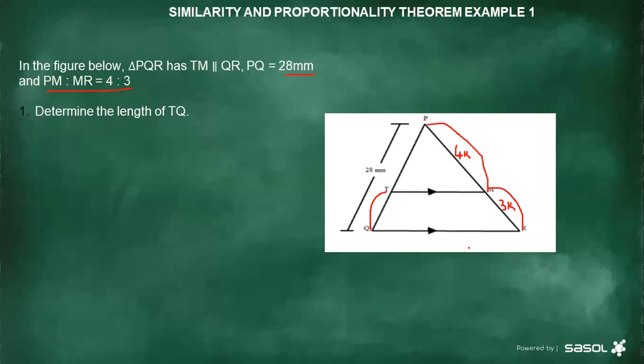I will just give you an idea on how we answer this question. Every time they ask you to calculate a length from 2 points, you always start with what we are calculating. For instance, on this one, we want to determine the length of TQ.